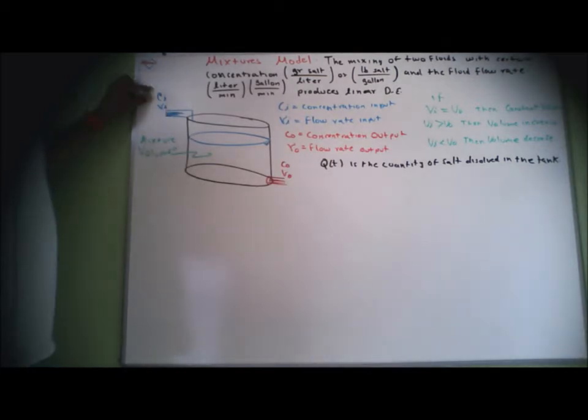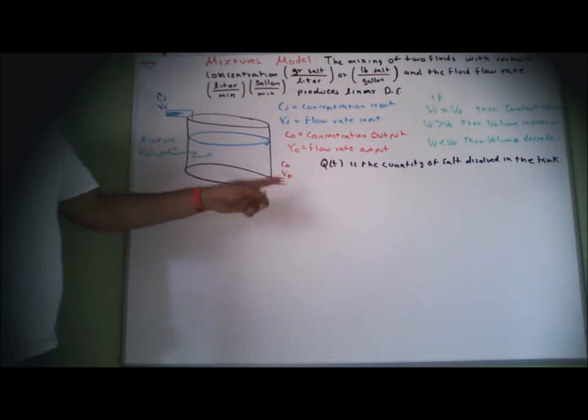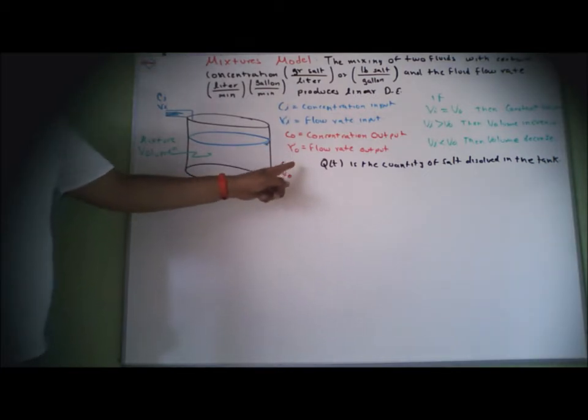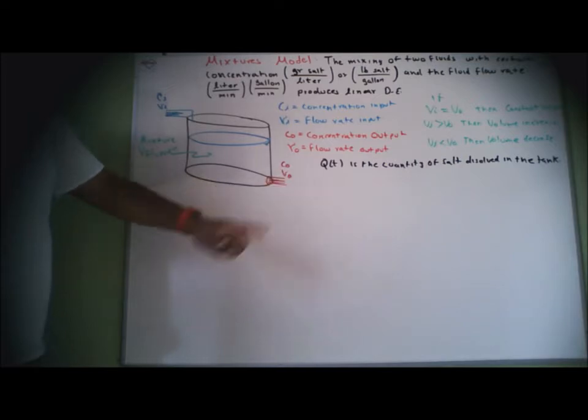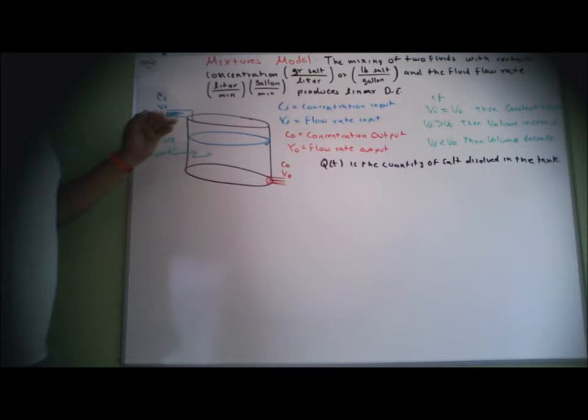As I said before, the concentration input is the grams per liter, or grams per volume, and the flow rate is the volume per time. Here we have an output because we have a concentration output and a flow rate output. Now this tank is going to be very well mixed, so the quantity of material dissolved in the water is constant. It is homogeneous.